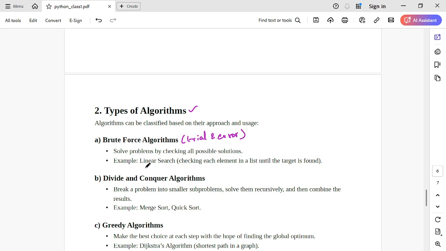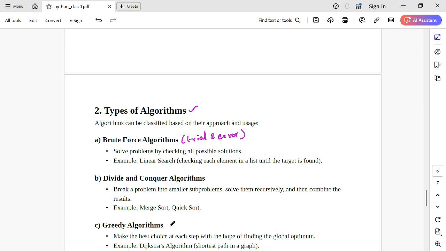An example for brute force algorithm is linear search, checking each element in a list until the target is found. Next is divide and conquer algorithm. Break a problem into smaller subproblems, solve them recursively, and then combine the results. Right. So examples are merge sort and quick sort.